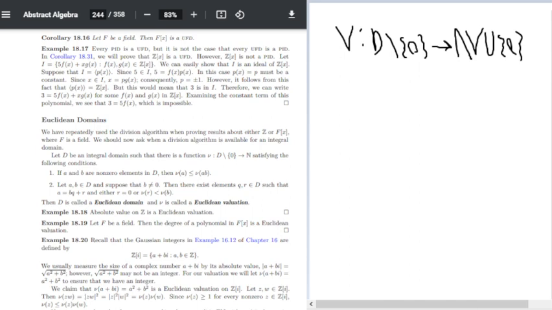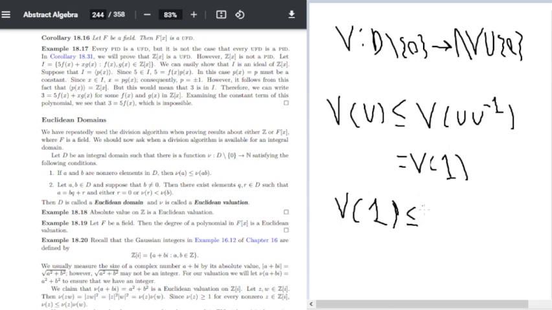And as well, nu of 1 is less than or equal to nu of u1, equals nu of u. So nu of u equals nu of 1. If I got that right. Yeah, looks like it.